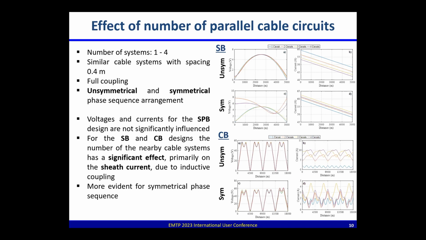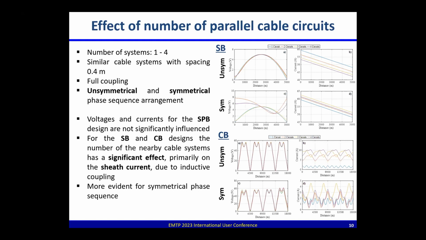Now, moving to the cross-bonding case, we see that for the unsymmetrical cases, practically the voltages are identical, although we have some differences here for the symmetrical case, but also we record significant differences regarding the currents, which is a major issue.